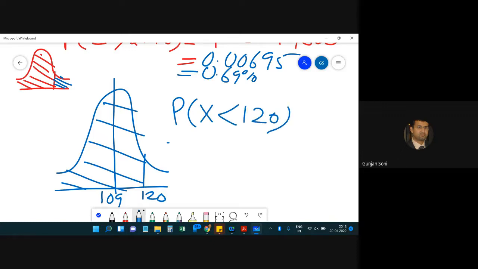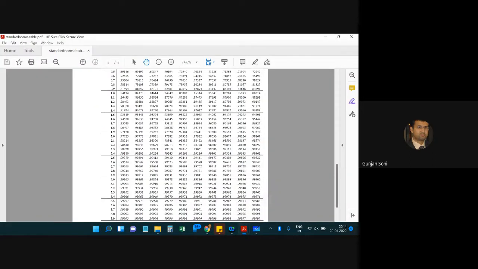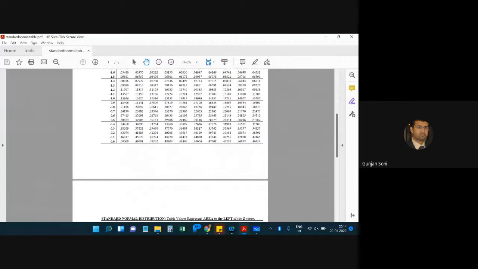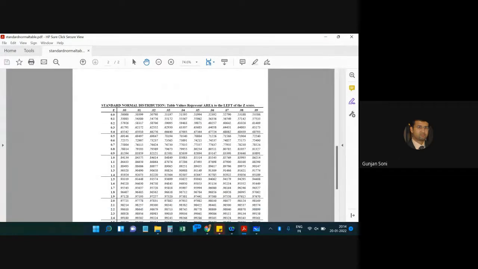Okay. So we find out the value of z corresponding to 120. What is that value? 0.846. Now we look into the normal distribution table for 0.0846. So we see 0.8 is here.